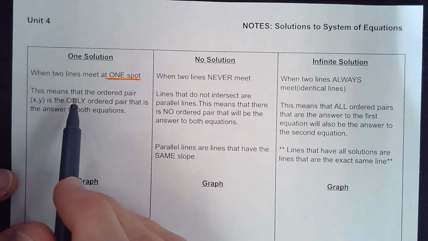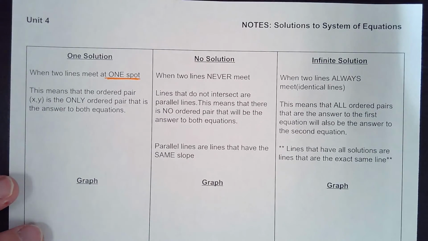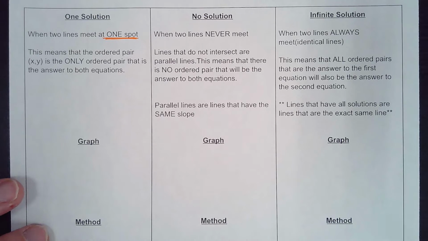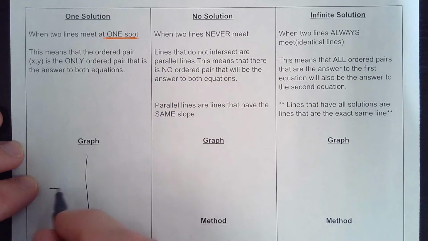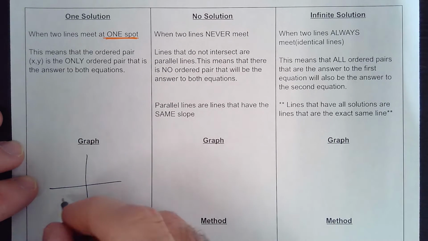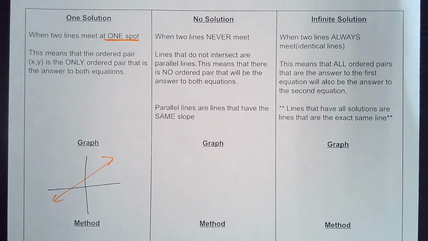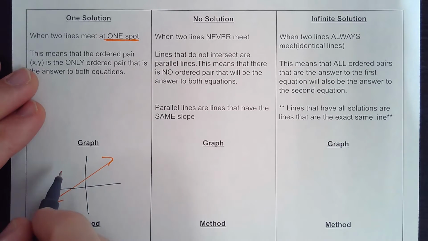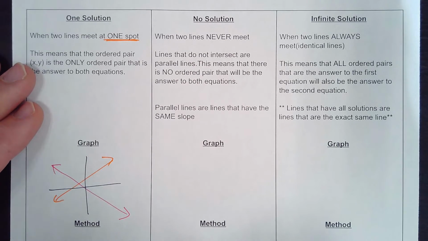This means that the ordered pair, x comma y, is the only ordered pair that is the answer to both equations. Let me scoot this up a little bit, and I'm going to sketch a graph of what this would look like. If we had two lines, one like this, and one like this, that's an example of one solution.